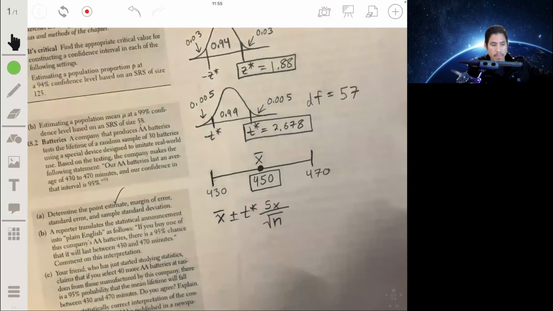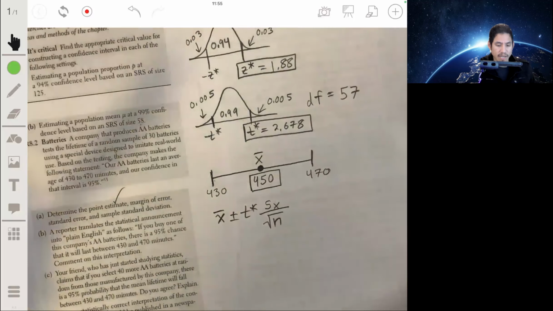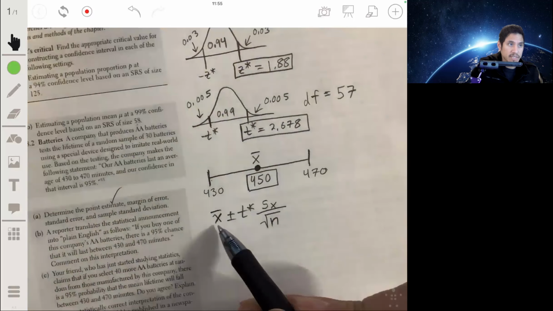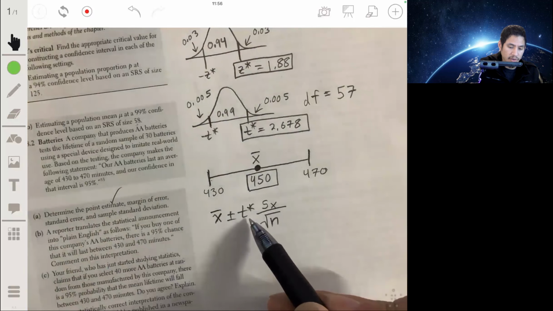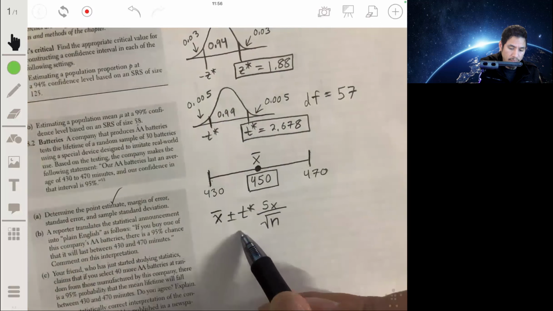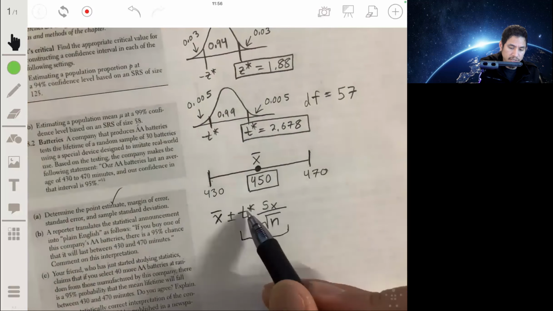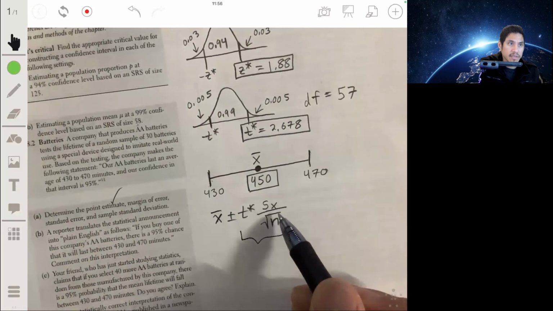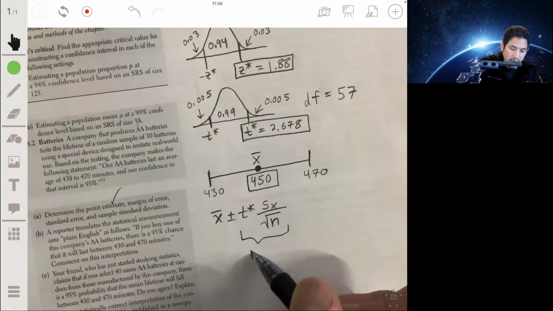X bar is our point estimate, we got that. T star is our critical value, we got that. This whole quantity, t star times this, is our margin of error.